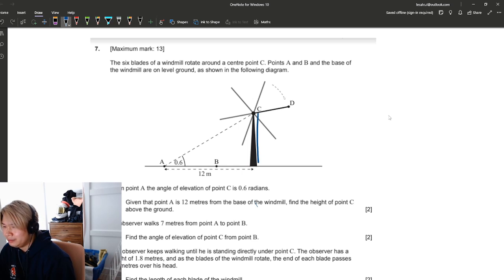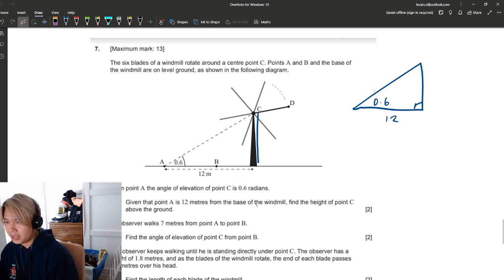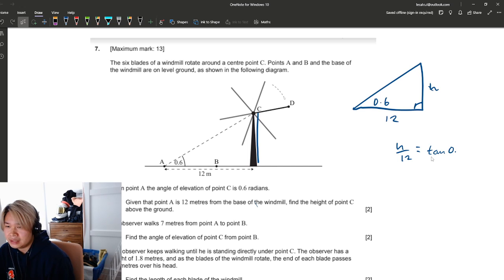We want to find the height of point C. This is a right triangle. We have an angle and we have a side. So we can just use regular trigonometry for this. I'll call this h. So h divided by 12 is gonna be tan 0.6, because this is the opposite side. This is the adjacent side of my angle.